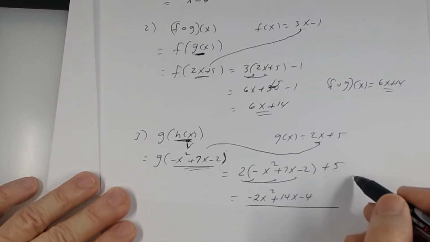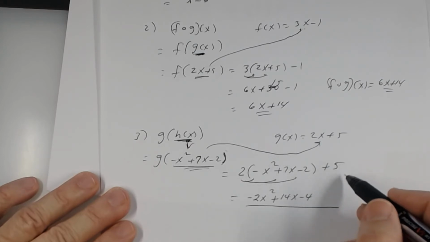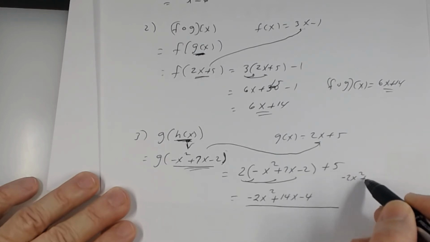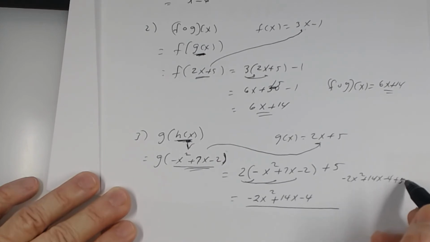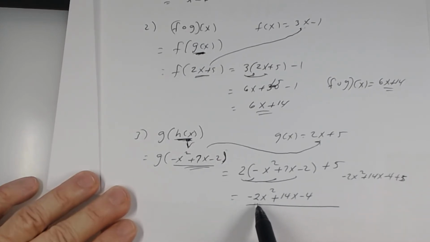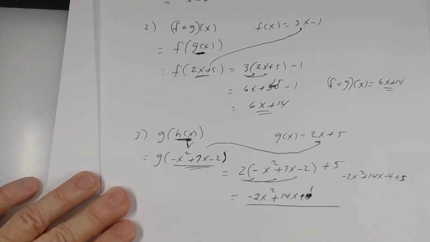Okay, so let me go ahead and do that here. I said the answer is going to be that, but I forgot that I'm also adding what? 5. So that's negative 2x squared plus 14x minus 4 plus 5. So the answer is going to be negative 2x squared plus 14x plus what? Plus 1. You agree? Okay.